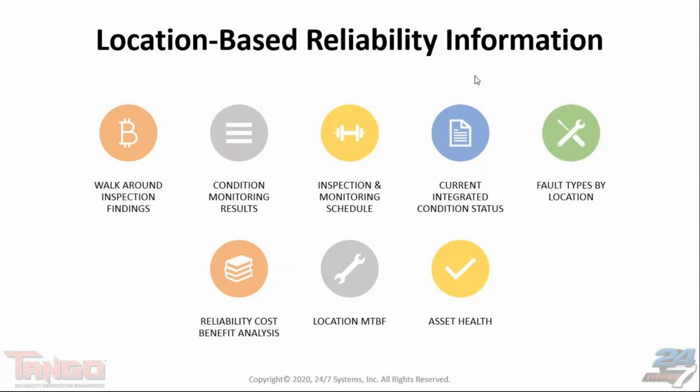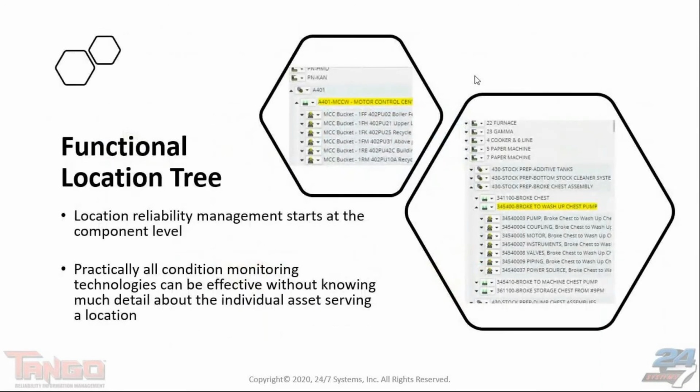And you can be successful in achieving particularly that first goal that we talked about, of eliminating failures in service, by simply focusing on the location-based information. And you'll typically see that as the first step.